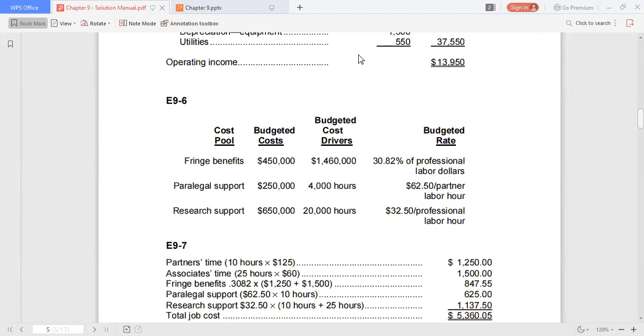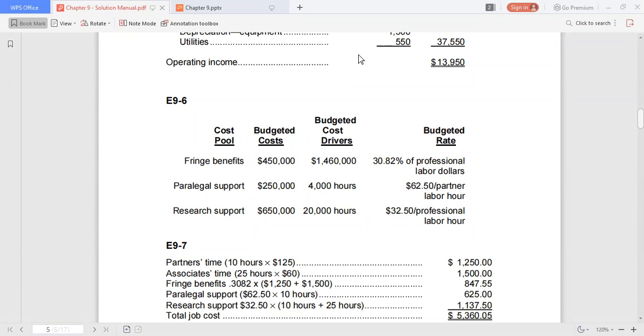Then for the paralegal support the cost driver is 4,000 labor hours. So we have to divide $250,000 by 4,000 hours. It gives 62.50. That's your labor hour, the rate per labor hour.